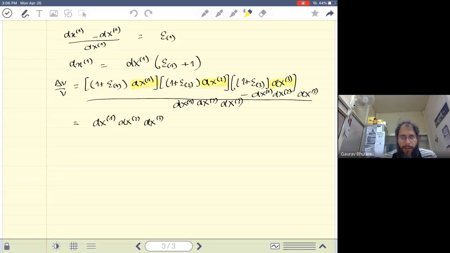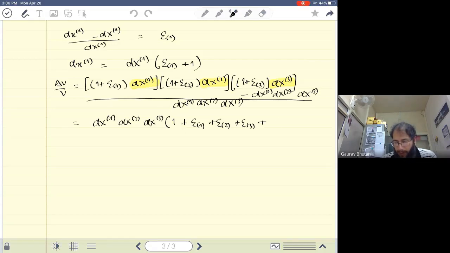And then we have a term which has 1, which is from the product of all ones. Then we have epsilon 1 plus epsilon 2 plus epsilon 3. And then we'll have terms which will have either a product of two epsilons, or we'll have one term which will have epsilon 1, epsilon 2, epsilon 3.